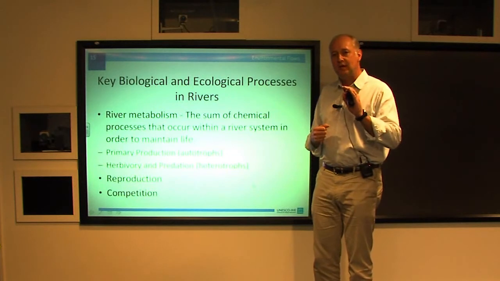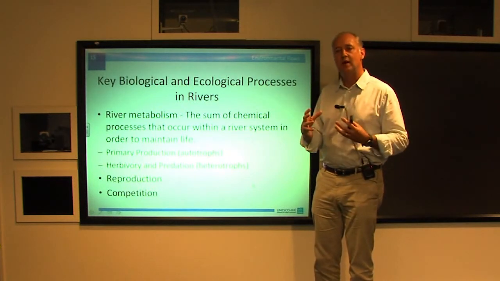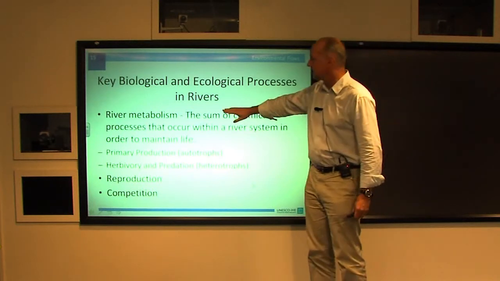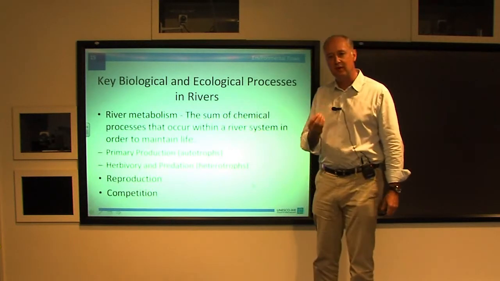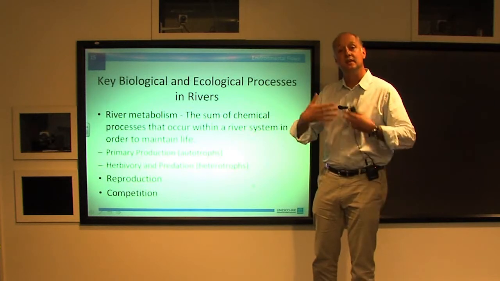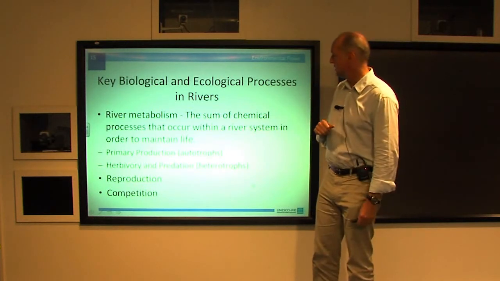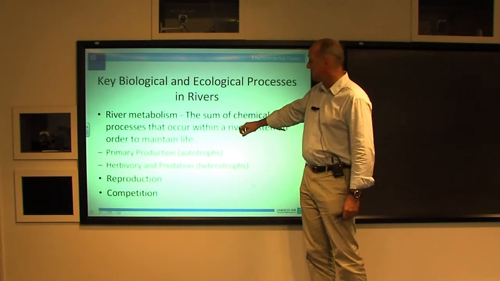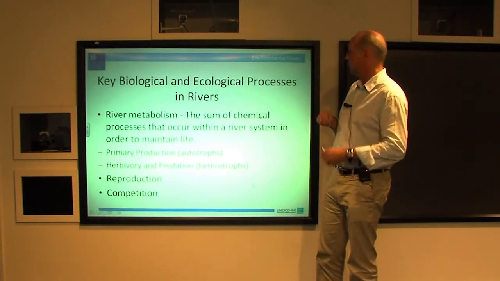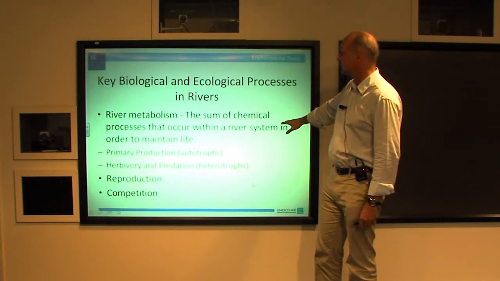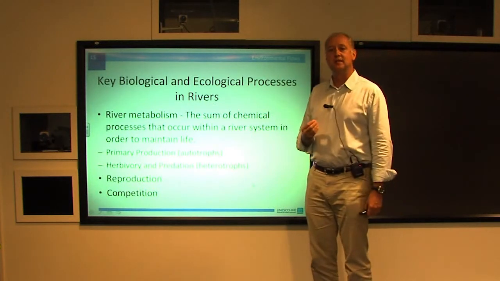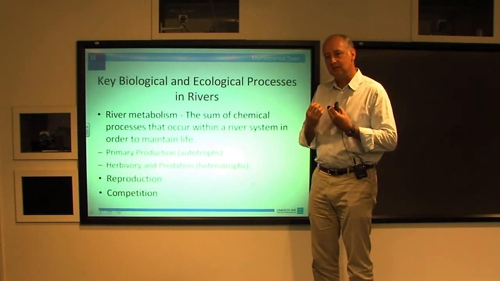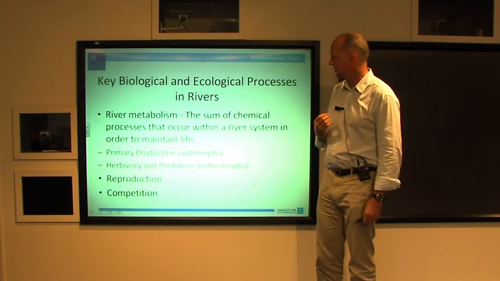So what we're talking about now, this food web, exchange of energy in the system, is one component of what is river metabolism, the function of the system, the function that then yields services that we as humans depend upon. In its totality, river metabolism is the sum of all chemical processes that occur within the river system in order to maintain life. It's that culmination of processes that lead to vitality of life in the river system.